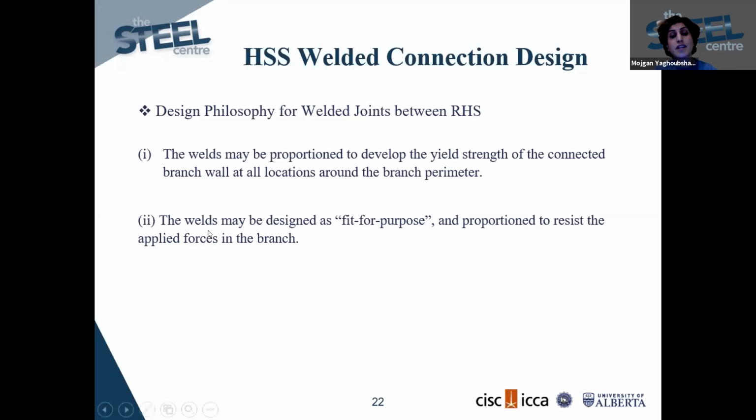There is another design philosophy which is called fit for purpose. This design method uses the underlying assumption that is available to show the non-uniformity of the stresses around the branch perimeter.